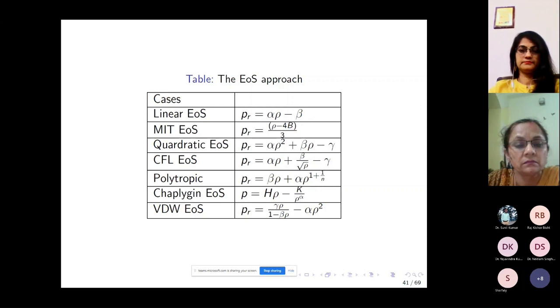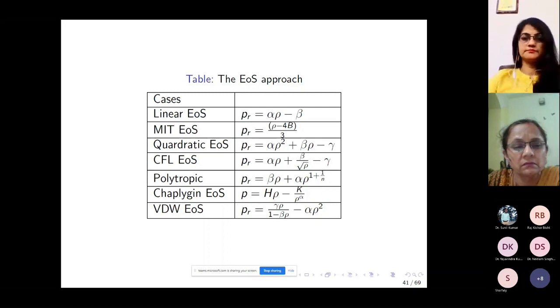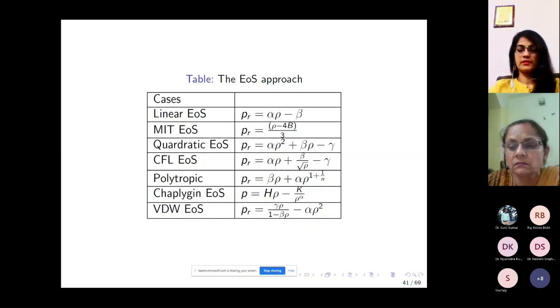Many authors like Maharaj, Chaisi, Thirukkanesh and Sharma, there are many authors, and myself also. So we have established many models with the help of this equation of state.